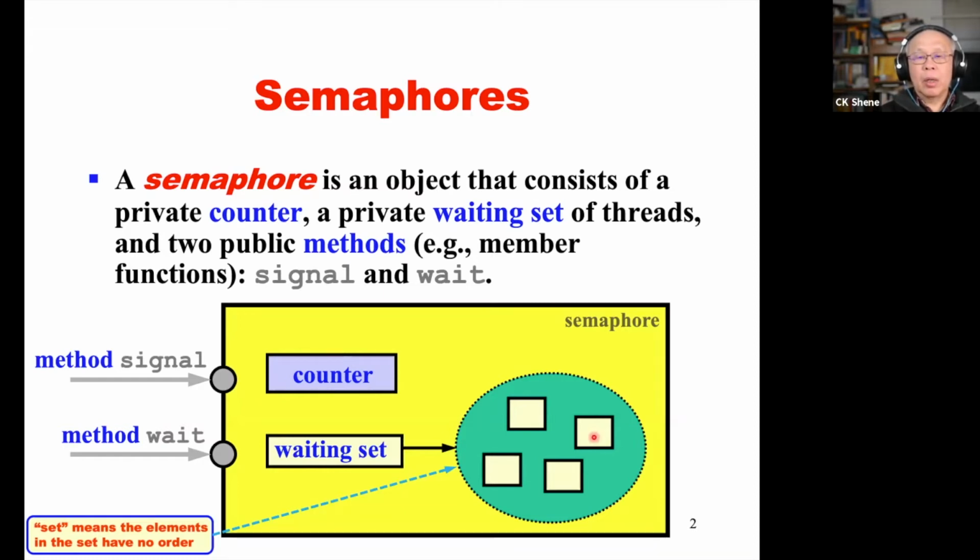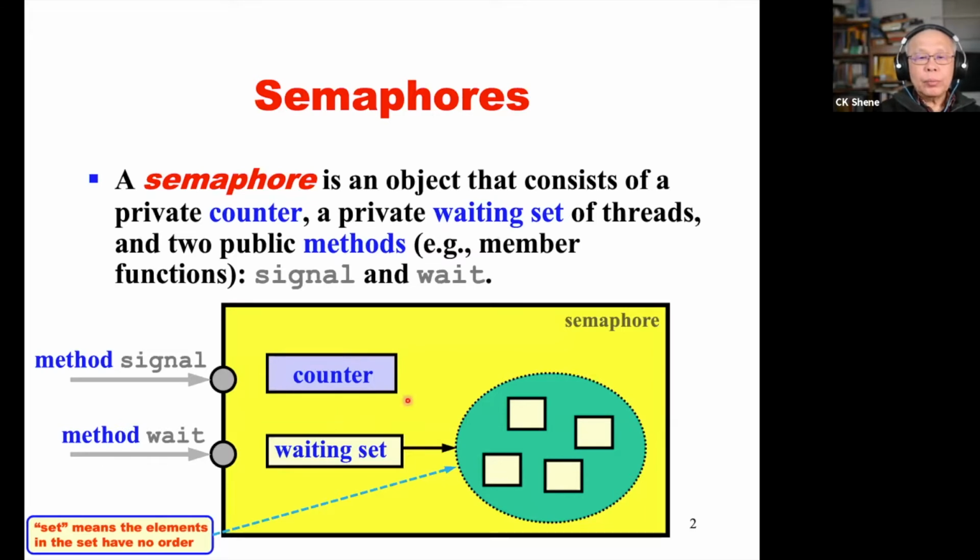Sometime later, one thread will be released from this waiting set. But we don't know which one will be released first, because the word set means this set of threads is not ordered in whatever way. Although when we implement a semaphore, we could use an ordering, for example, first in, first out, or whatever way.